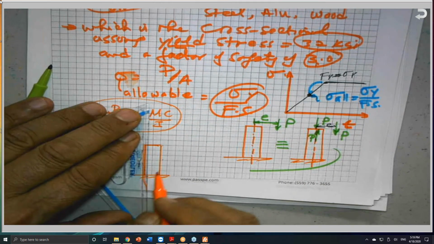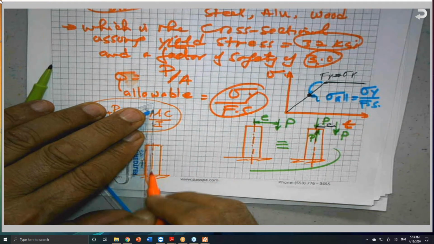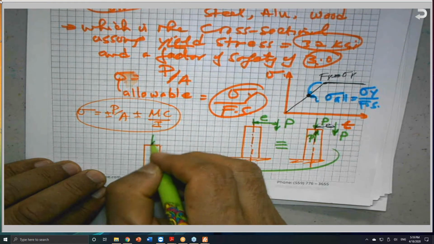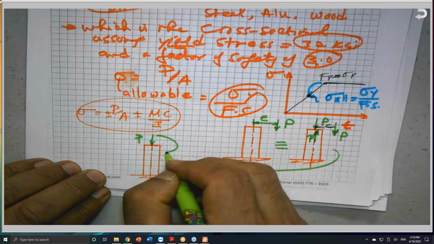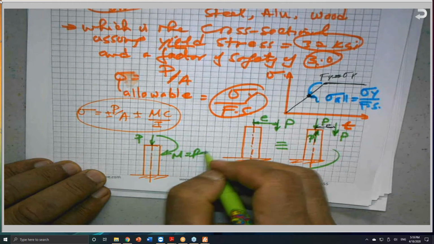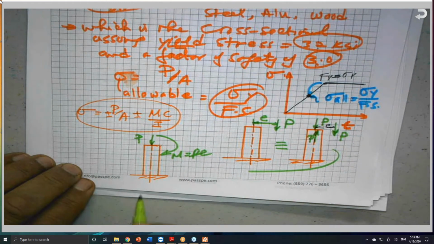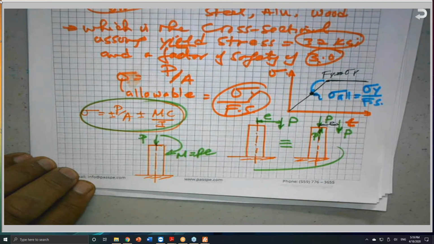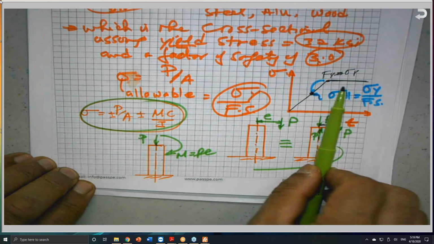So this is the centroidal axis of the member. I have the axial load P plus the bending moment M, which is P times e. Yes, we have to apply this because the load is off center with respect to the member itself.